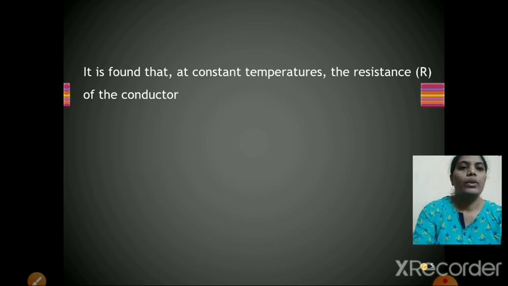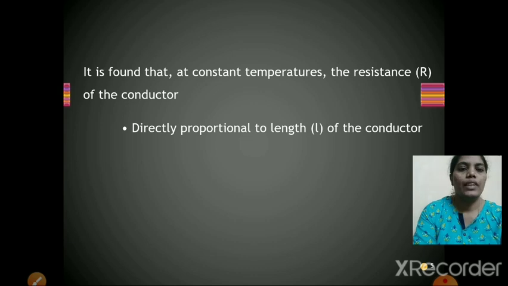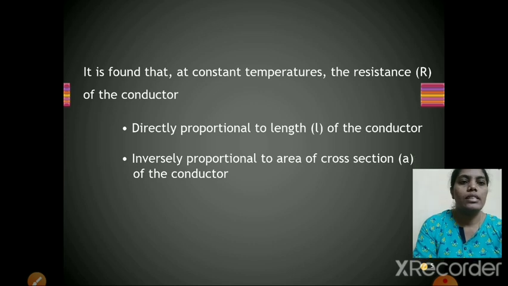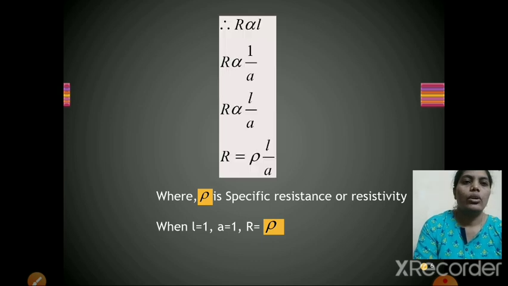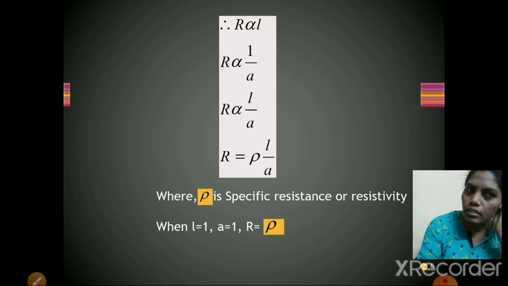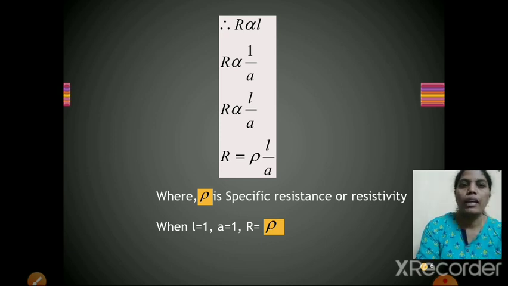It is found that at constant temperature, the resistance of the conductor is directly proportional to its length and inversely proportional to the area of cross section of the conductor. If we write this proportionality, R is proportional to length and R is proportional to 1 by A, as it is inversely proportional, we are considering it as 1 by A.